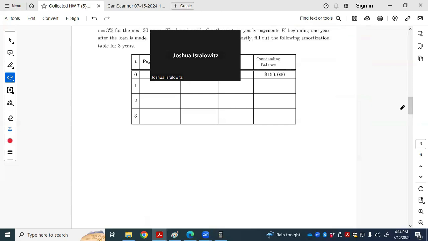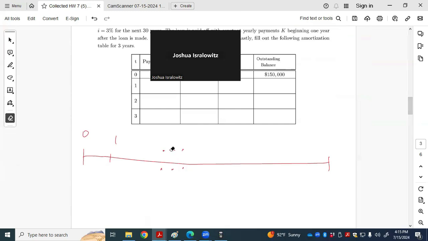Yeah, and again, draw a time diagram. It makes it a little easier to understand what to discount by what. It's 0. So actually, not that it matters, but I'll make this a little bit to scale, because why not?